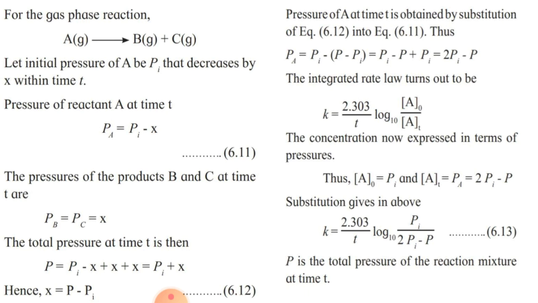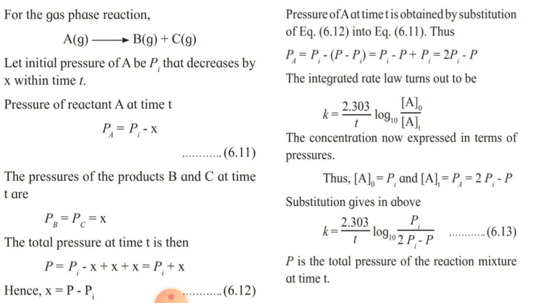We are getting P is equal to Pi plus X. Rearrange the equation: X is equal to P minus Pi. We are substituting the value of X in the equation PA is equal to Pi minus X. On substituting, we are getting the value of PA, which is equal to 2Pi minus P.